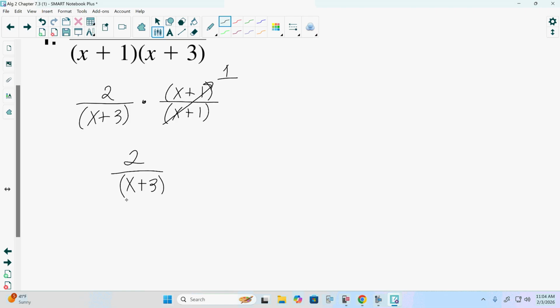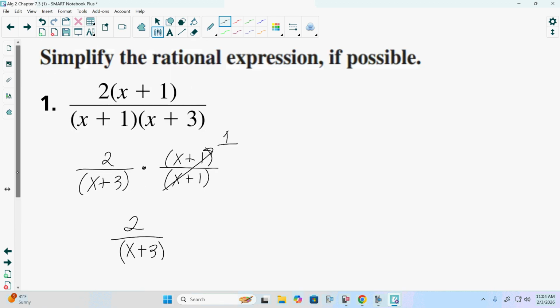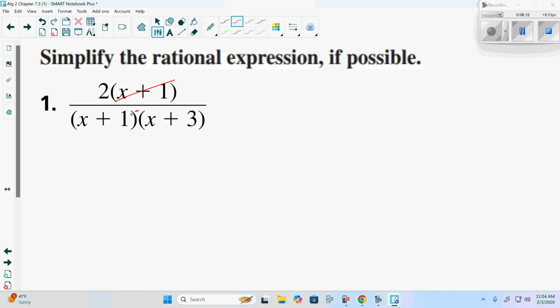Now again, I said we're not going to do it this way every single time. Because seeing this here shows us that yes, since that's on top and bottom, they're being multiplied, they will reduce out, yes? That means that these will just go away anyways. Telling us that this is just 2 over x plus 3.